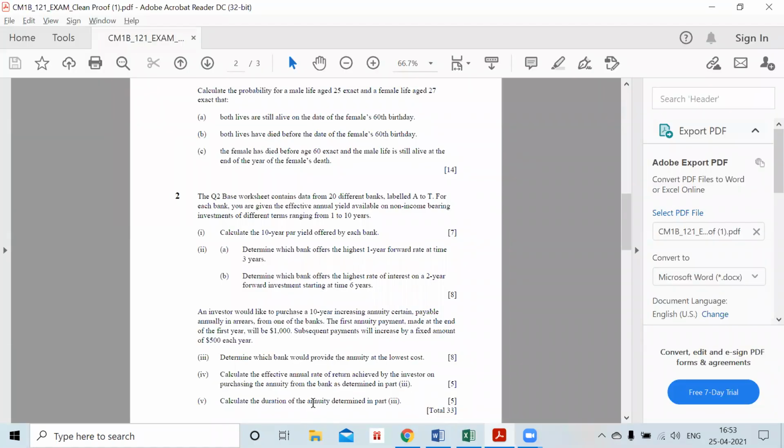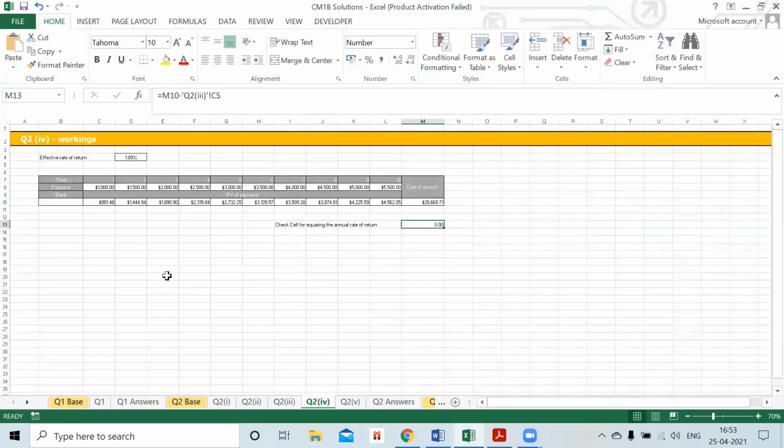Coming to question 2 part 4: calculate the effective annual rate of return achieved by the investor on purchasing the annuity from the bank as determined in part 3. So in part 3, whatever minimum value we got, we have to equate it here with the annual effective rate. Let's assume an interest rate of say 5%.